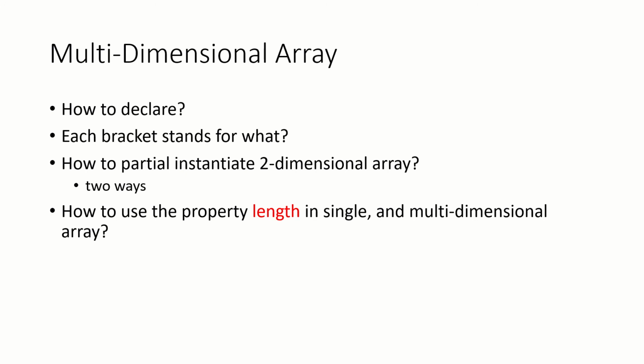If you have something like this, array A new 5, 4. What does this one return? A dot length. What? 5. Okay, so this is equal to 5.